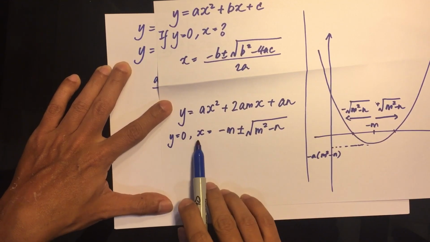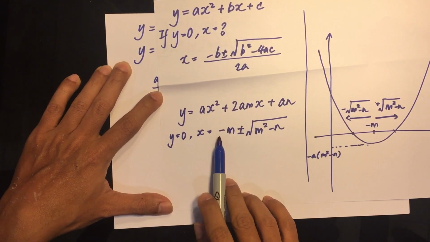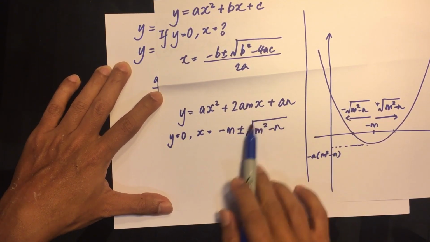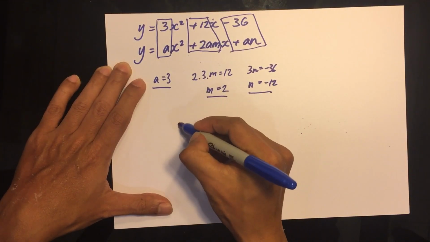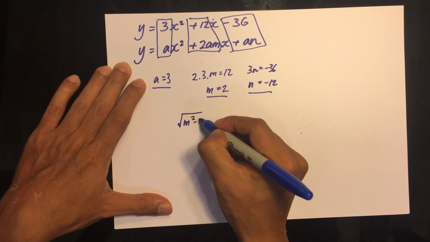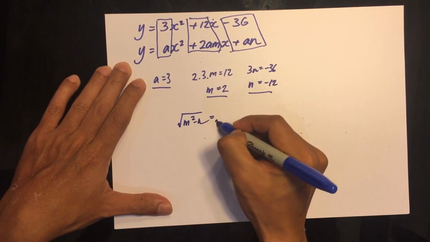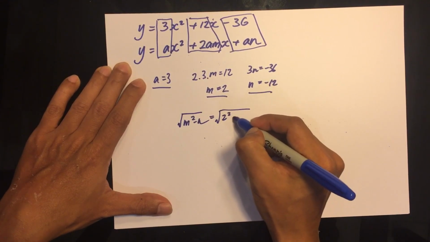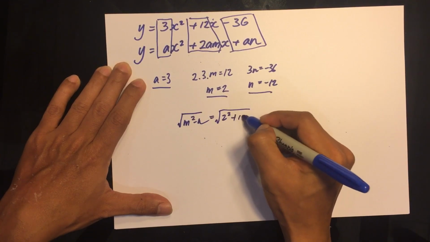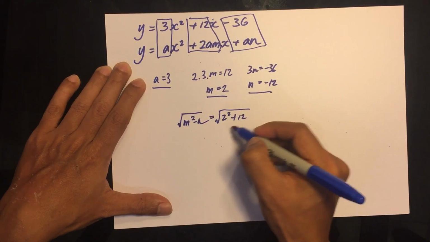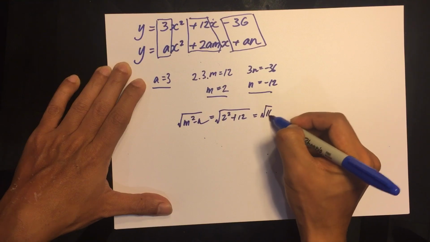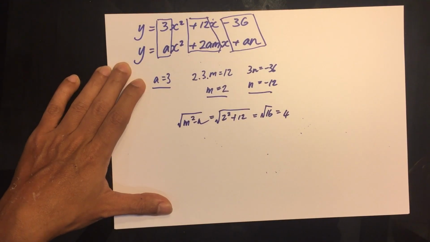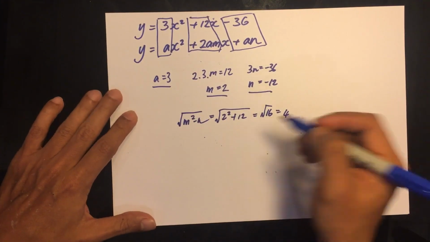And from that, you can tell that your roots are negative m plus minus that expression. So let's compute that expression first. The square root of m squared minus n is equal to the square root of 2 squared minus negative 12, so that's plus 12. 4 plus 12 is 16, and the square root of 16 is obviously 4. We're only taking the positive root here.